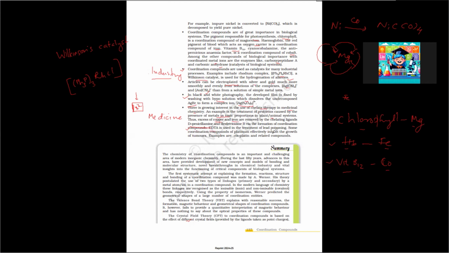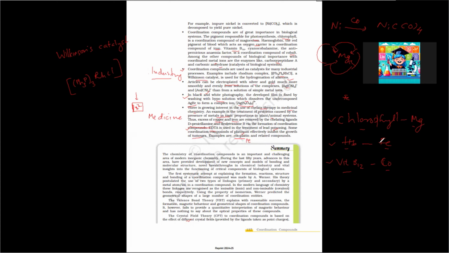Also, EDTA is used for treatment of lead poisoning. And some coordination compounds of platinum are effectively useful for inhibiting the growth of tumors. An example is cisplatin and related compounds. Cisplatin is a platinum-containing coordination complex.